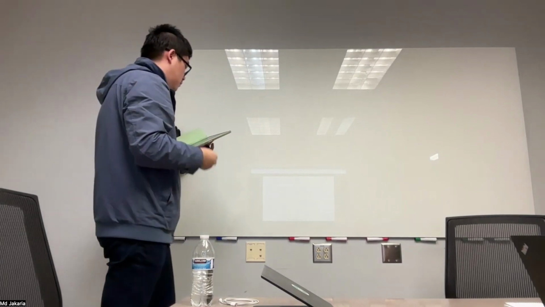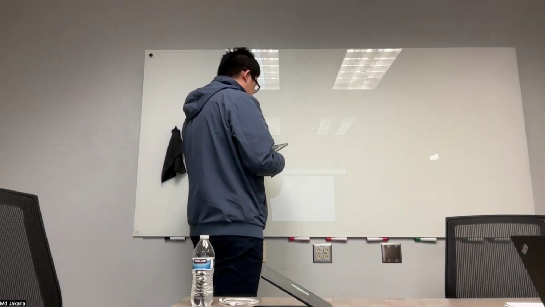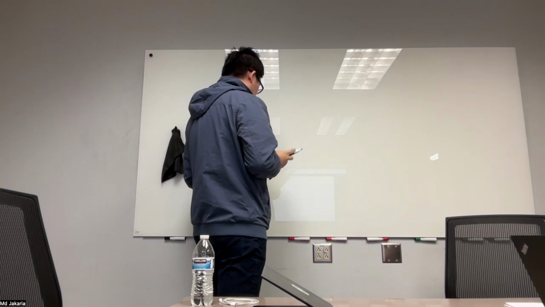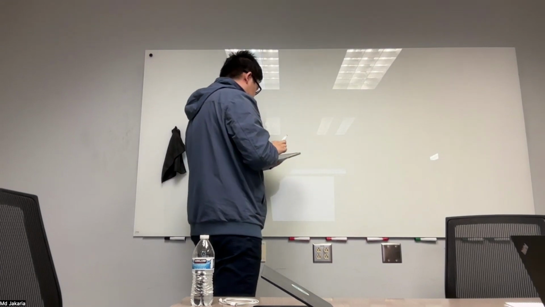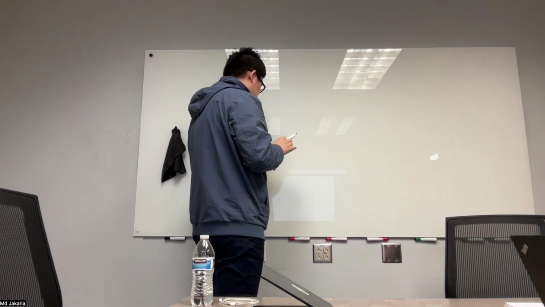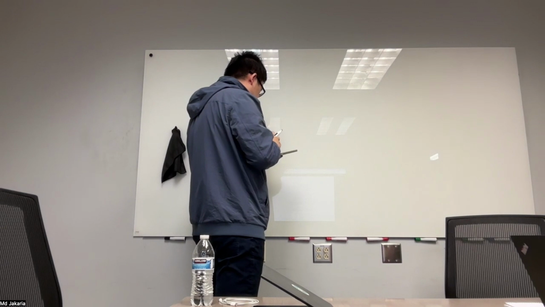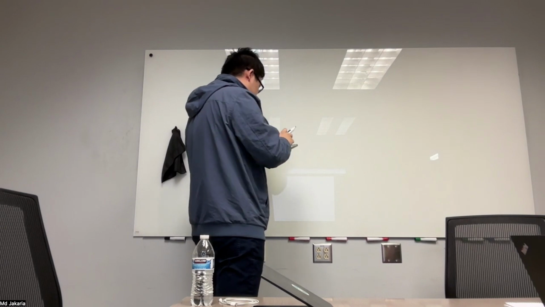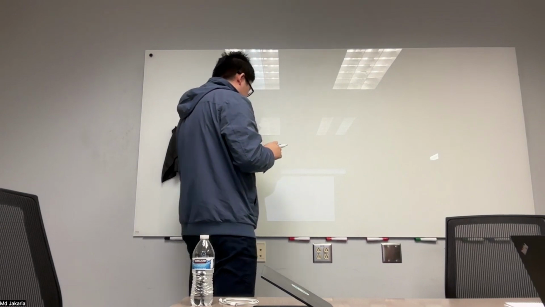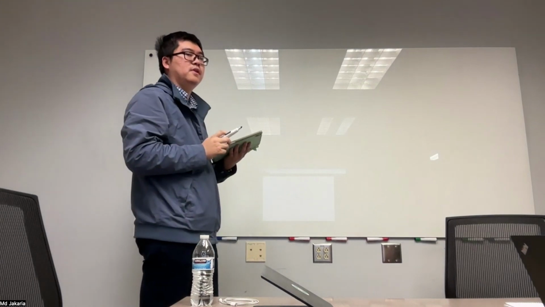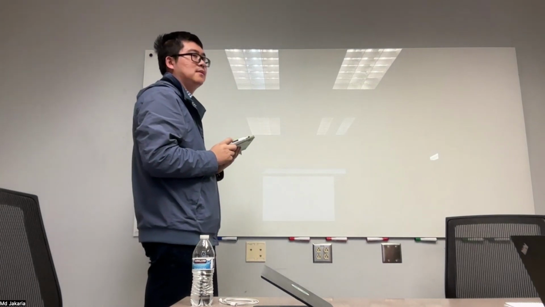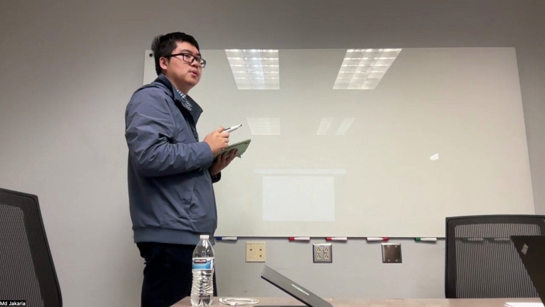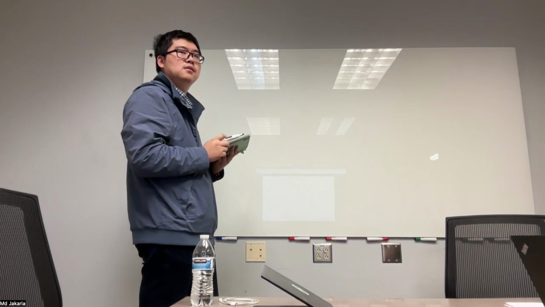Question number 2, we have recurrence relations. For the recurrence relations, that's kind of a headache, to be honest. But did the professor tell you something about the master theorem when it comes to recurrence relations?